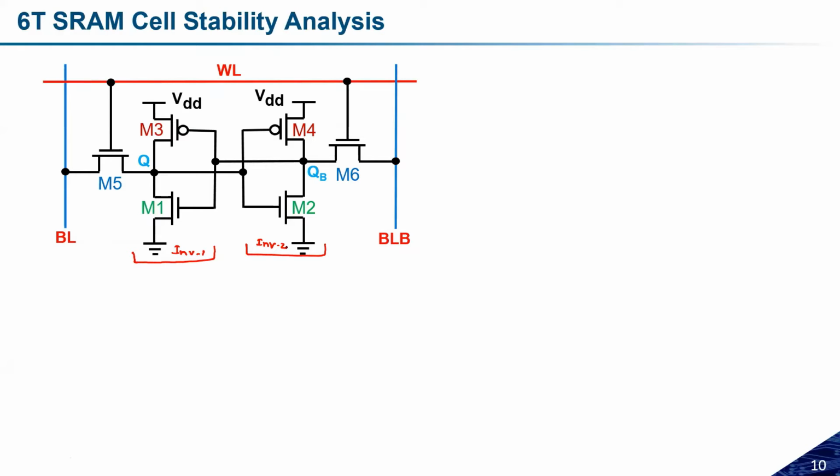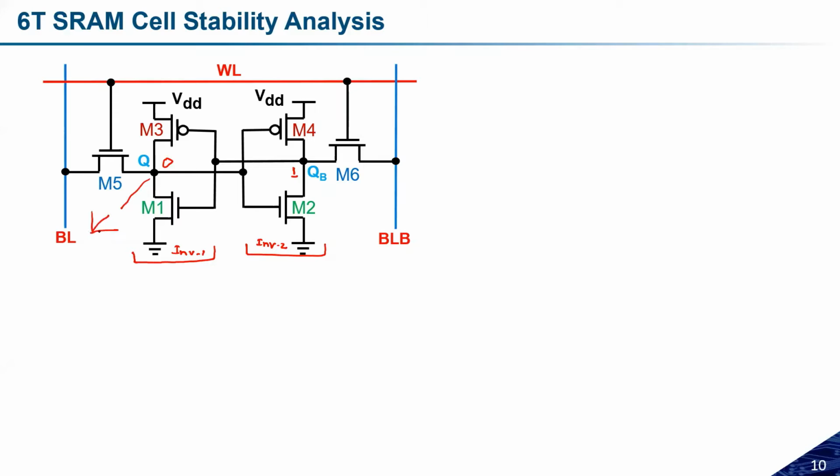Noise means simply that we are externally providing some noise at the storage node. Let us assume Q is equal to 0 and QB is equal to 1. This is the data we have stored, but suppose there is some external source we have provided at Q, which is changing from 0 to 1.